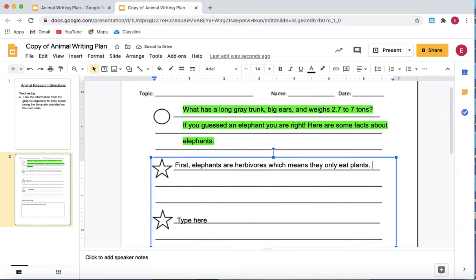Okay, then I'm going to put one of my interesting facts that I put on my graphic organizer was that elephants can eat 300 pounds of food per day. So I think that that would be a great fact to put in this star.